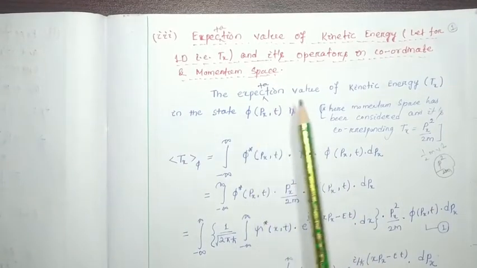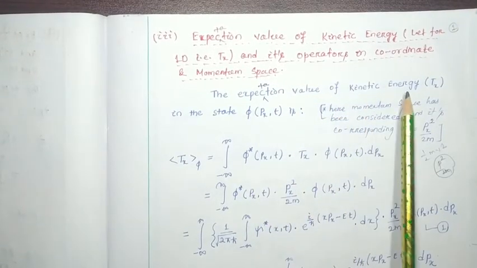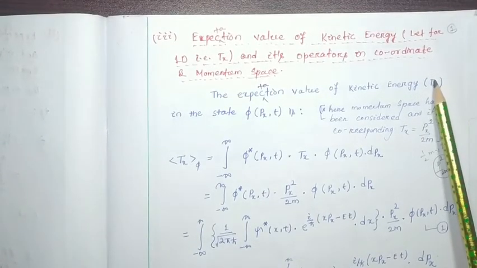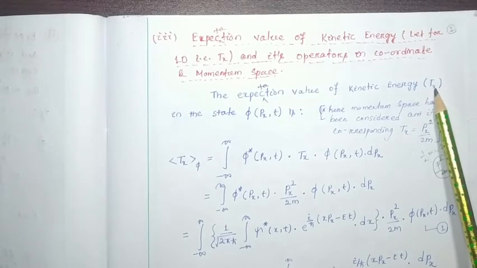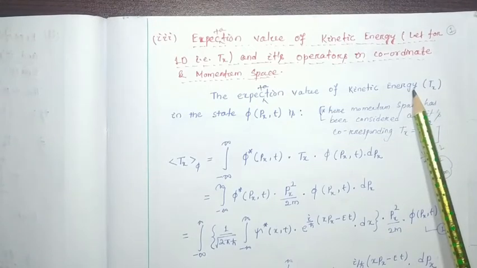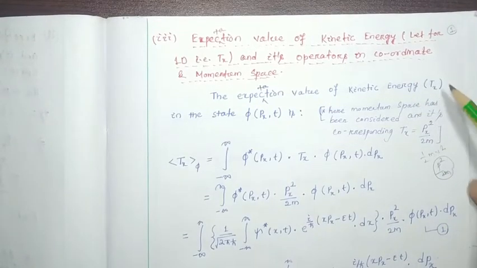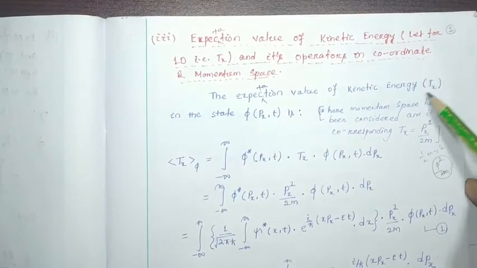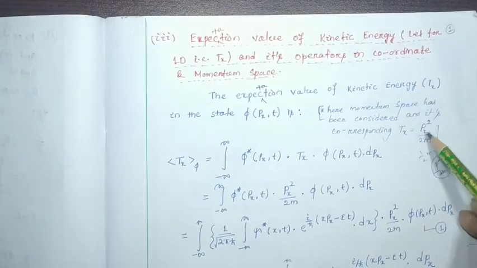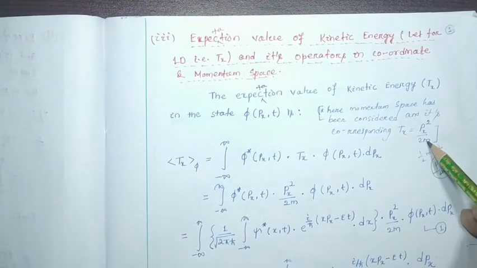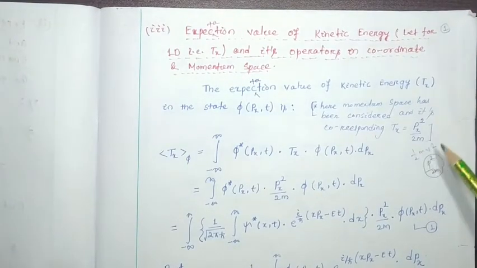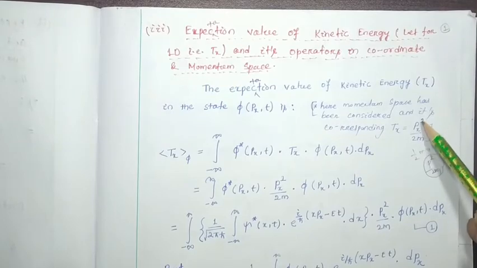The expectation value of kinetic energy is represented by capital T subscript x, which is the one-dimensional kinetic energy that we have considered here. That can also be written as px square by 2m, because we know that kinetic energy is half m v square, or p square by 2m, or along the x axis it will be px square by 2m.